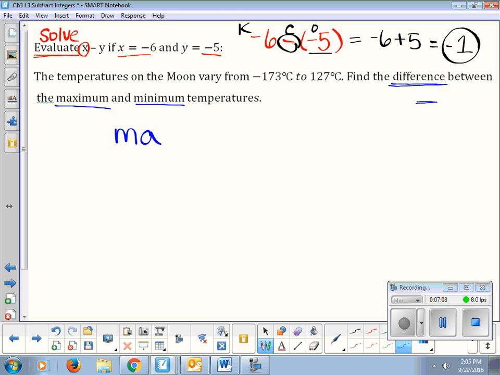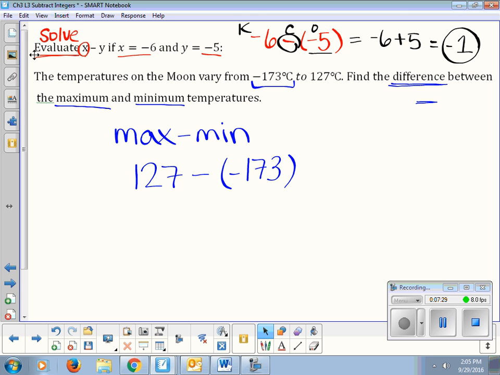So we want to take our max value and subtract the minimum value. Which one was our higher temperature? 127. And we need to subtract our smallest temperature, lowest temperature, which was -173.